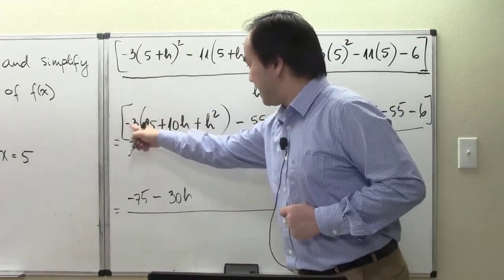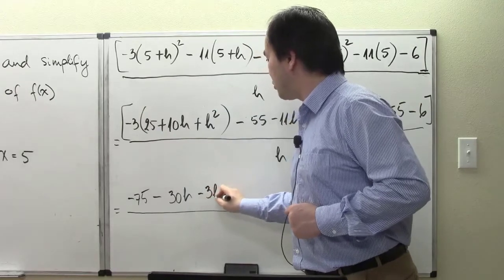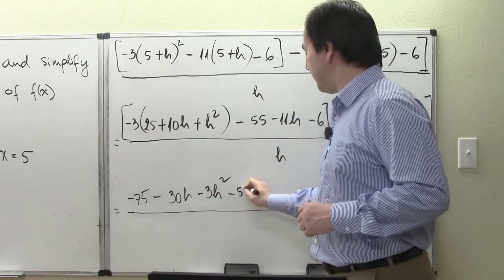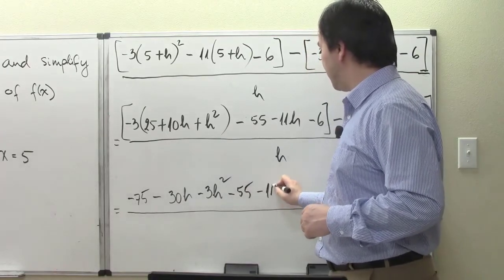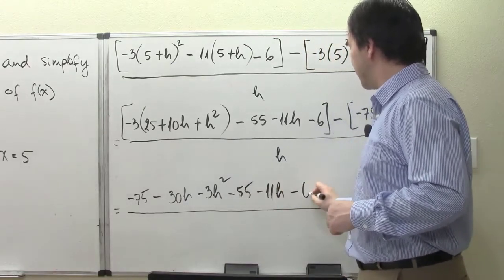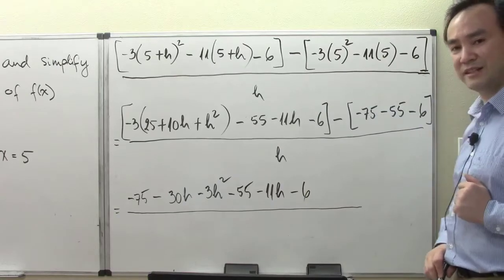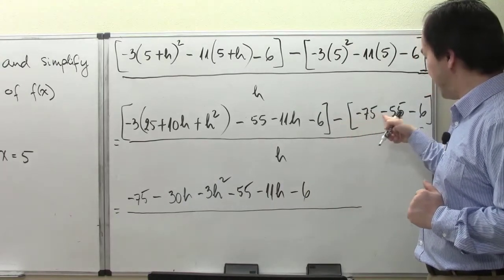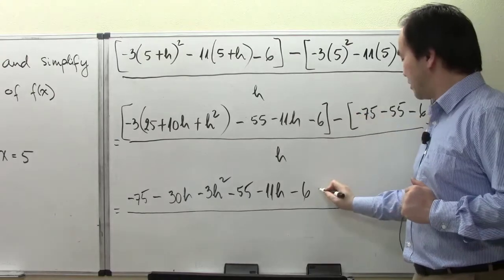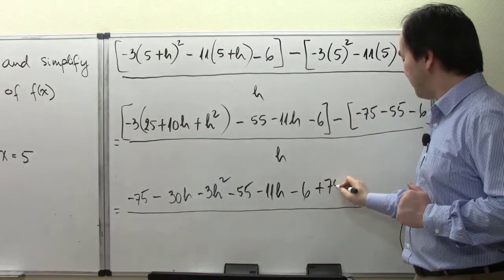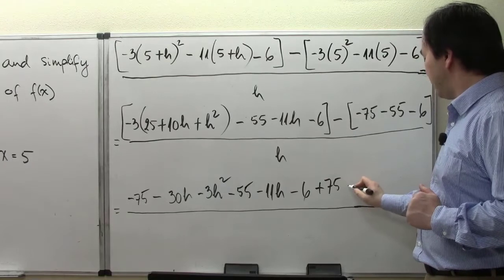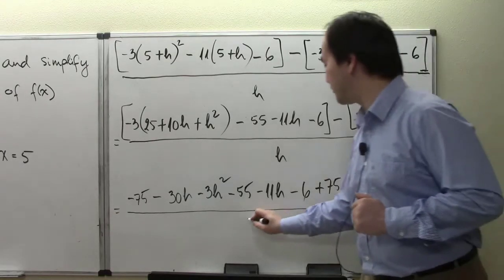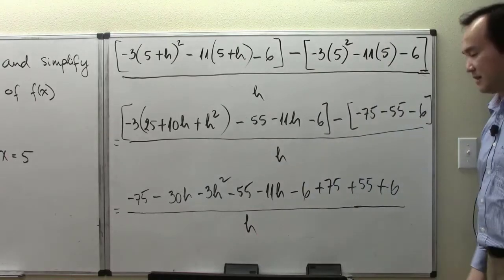Now minus 3h squared, and now minus 55 minus 11h minus 6. The negative signs account for all the sign switches there, so it now becomes plus 75, plus 55, plus 6, and all of that over h.